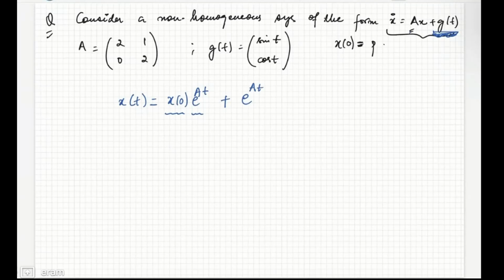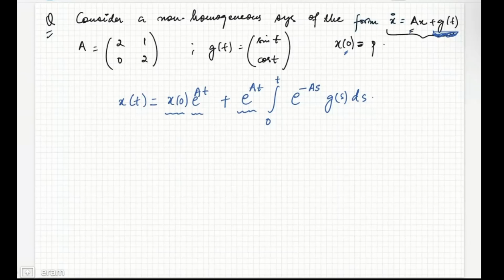The initial time is 0, so we integrate from 0 to t. If it was something else, we would write t naught. What will be the inverse of this state transition matrix? It is nothing but e to the power minus As. Since we have to do integration, we replace t with s, times g(s) ds. So this will be the solution for this non-homogeneous system.